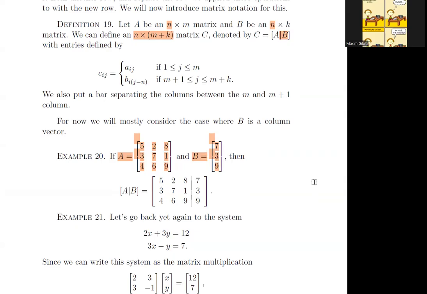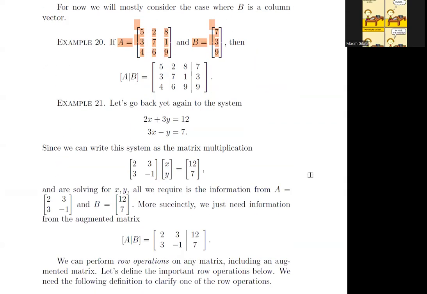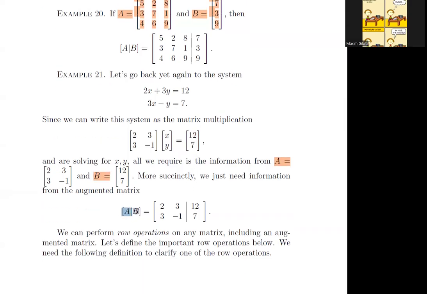And that's it. So let's consider the equation we solved a few times with different methods already, going back to this 2x2 system. We can write it as a matrix multiplication: [2, 3; 3, -1] times [x; y] equals [12; 7]. We're solving for x and y, so x and y don't give us any information. All the information of this problem is from the matrix A and this column vector B. So all the information comes from the augmented matrix AB.